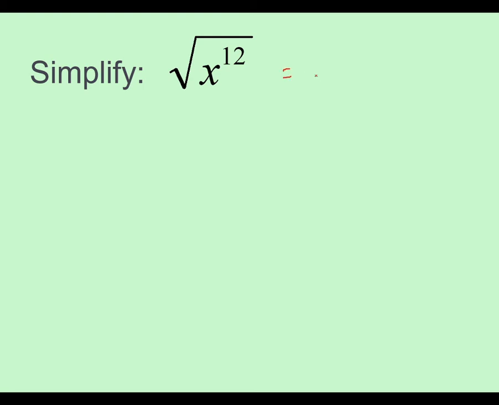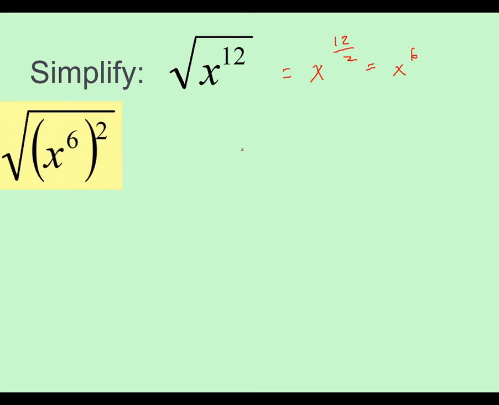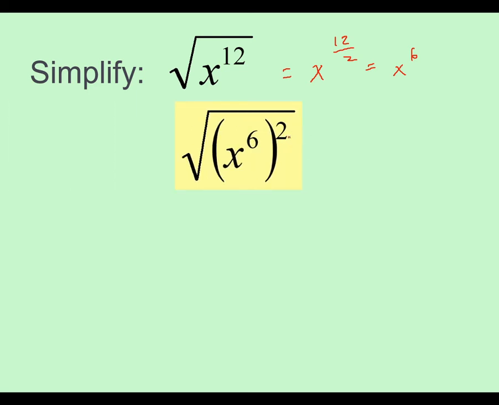Ang isang paraan dyan, pwede nyo i-transform into rational exponent, which is this become 12 over 2. So, 12 over 2 is x raised to 6. No? So, bahala na kayo kung alin gagamitin nyo. But, ang instruction, pwedeng ganito.